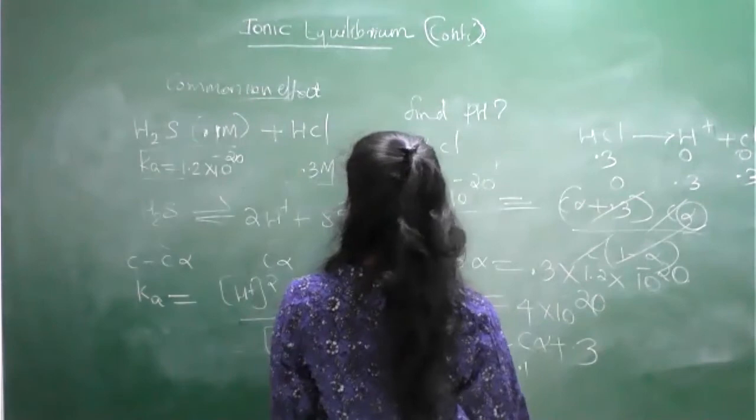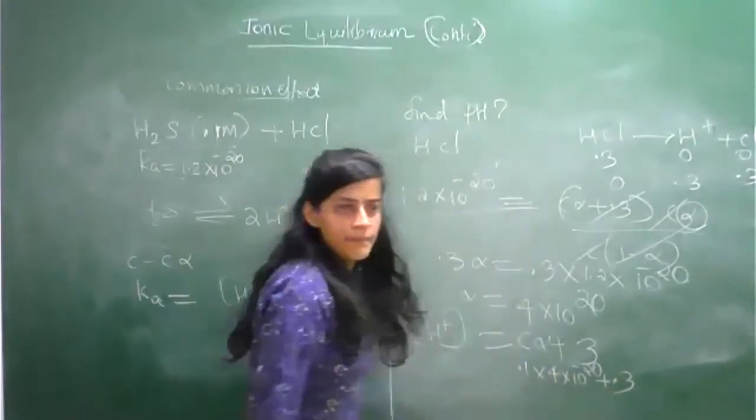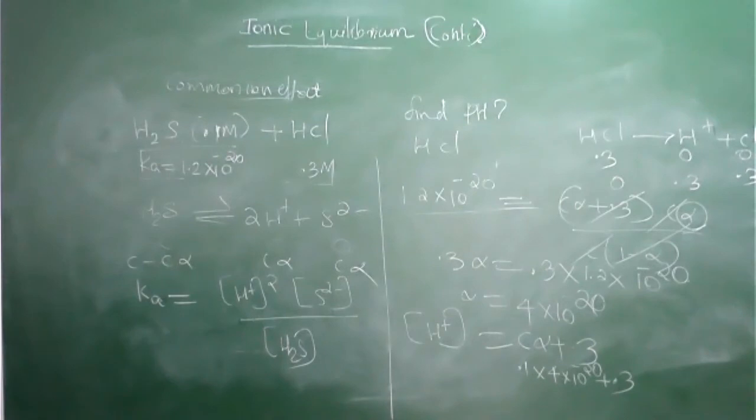C is 0.1 into alpha, 4 into 10 to the power minus 20 plus 0.3. Tell me around.